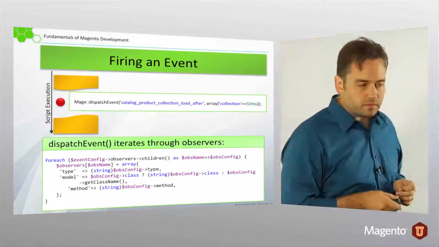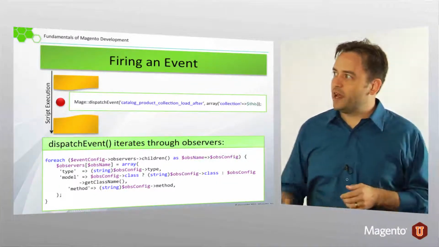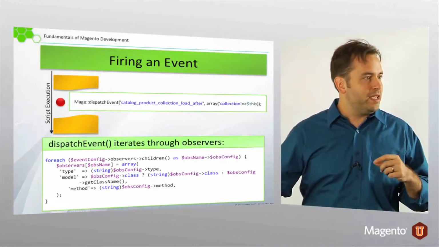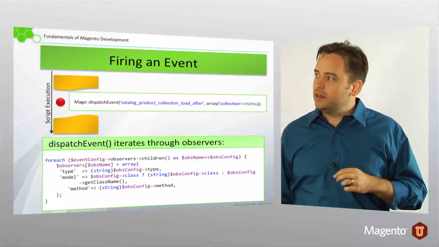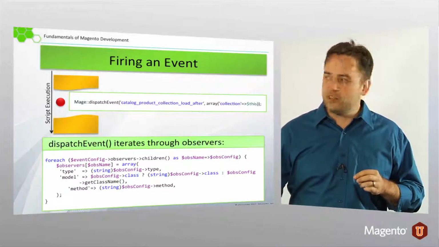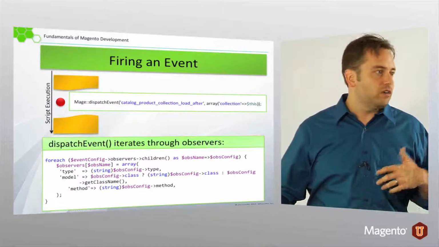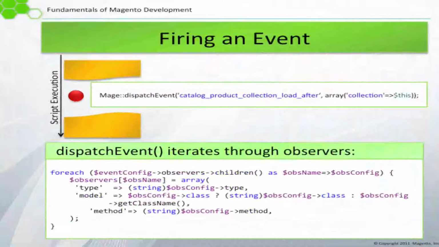So inside the dispatchEvent method in this class, and again, this class is found at app/Mage.php, you can actually look at the definition for this and see all we do is look at our XPath, and we go and find some XML. So again, we're back to XML configuration. I know I piled a bunch of XML on you yesterday, and I'm going to heap on some more today.